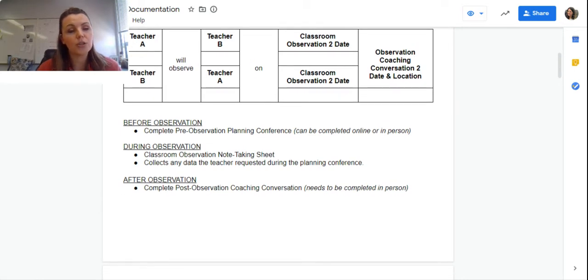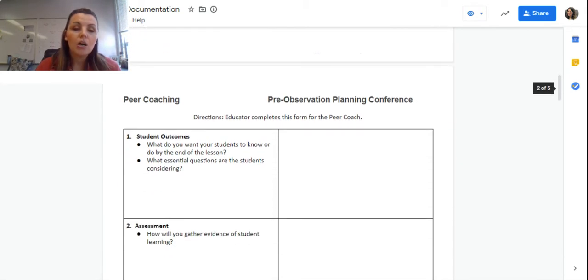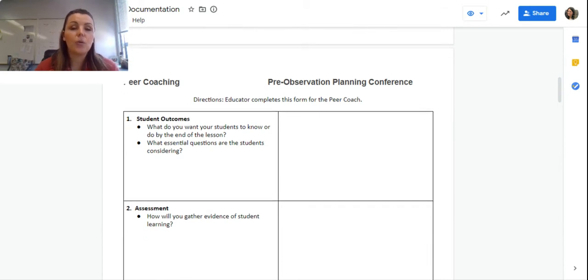So now what we're going to do is go through and look a little more at each one of the documents. So before the observation, the educator would need to complete this form for the peer coach. This will allow the coach to have some insight into what will be happening in the classroom.